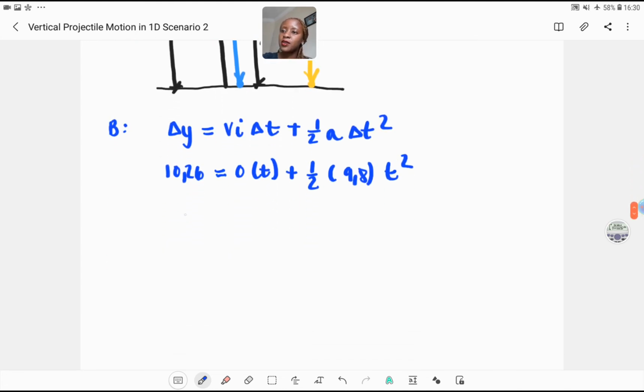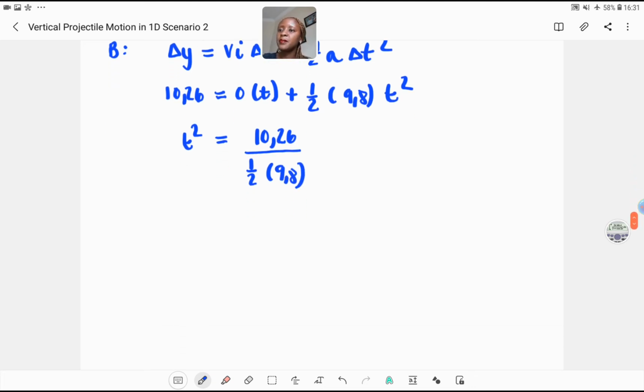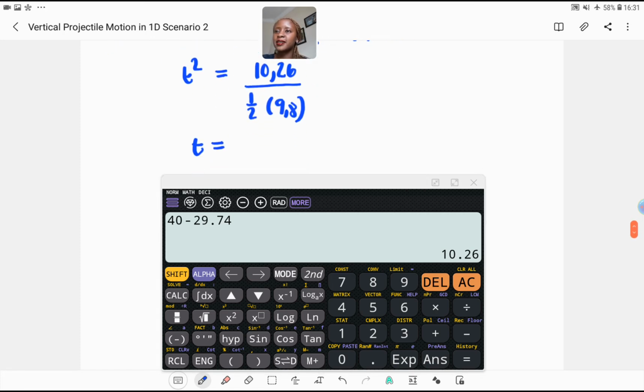All right, so t squared is equal to 10.26 divided by a half times 9.8. So t is equal to the root of all of that. Okay, I'm just going to plug it into the calculator.